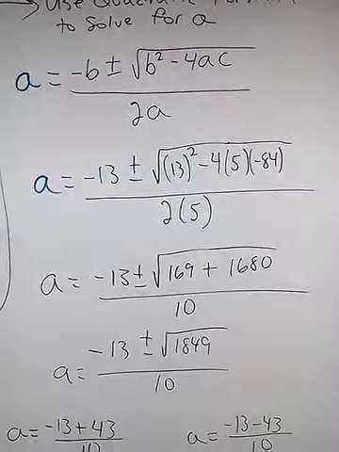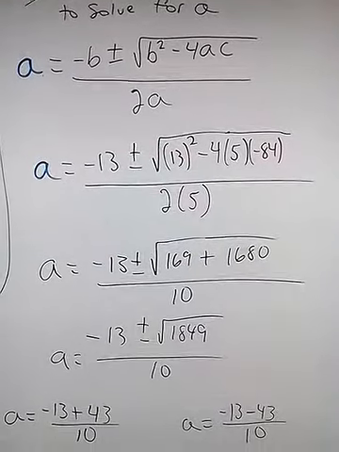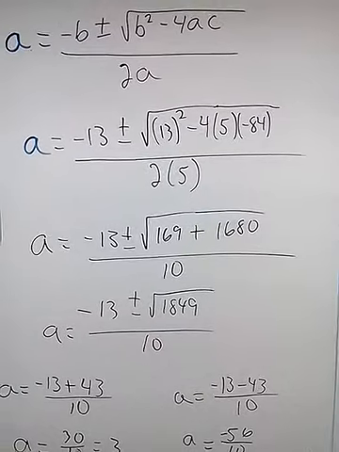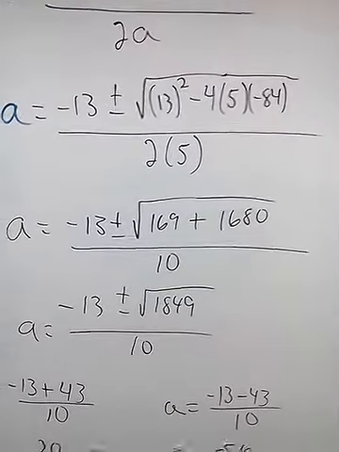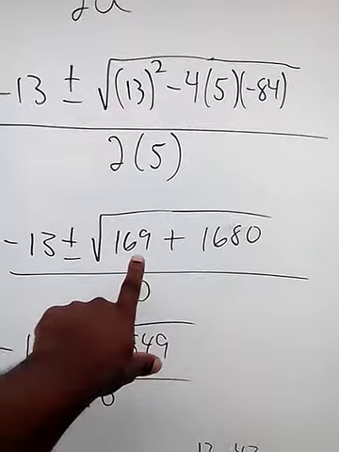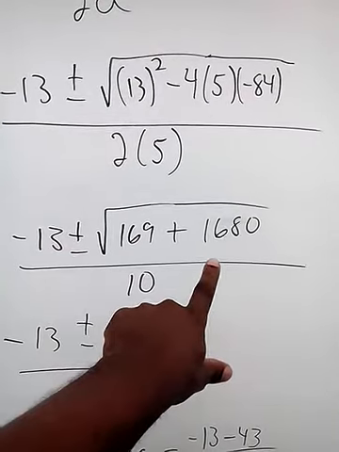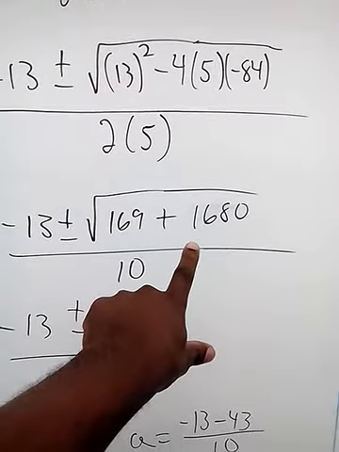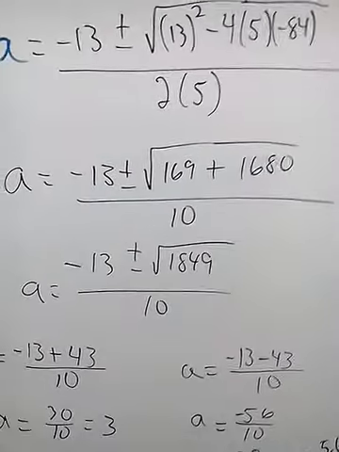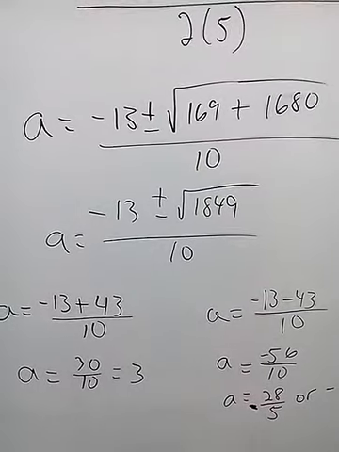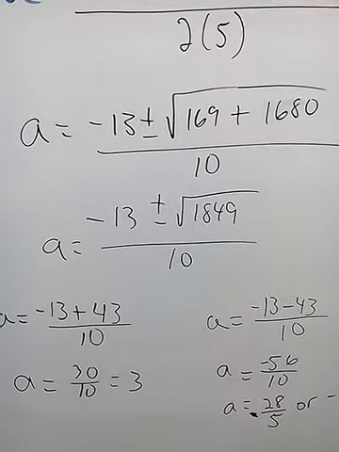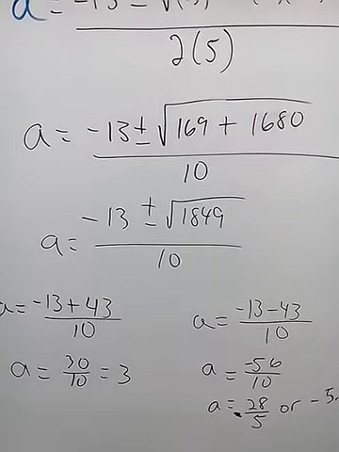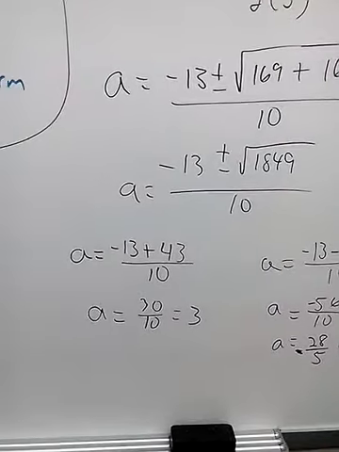we substitute everything into its proper place. 13 squared gives us 169. And then we have negative 4 times 5 times negative 84, which gives us 1680. And as we can see, the result here, negative 13 plus or minus the square root of 1849 over 10.